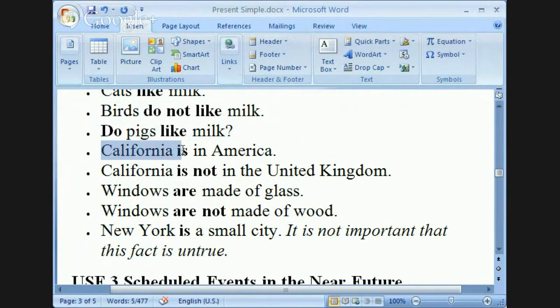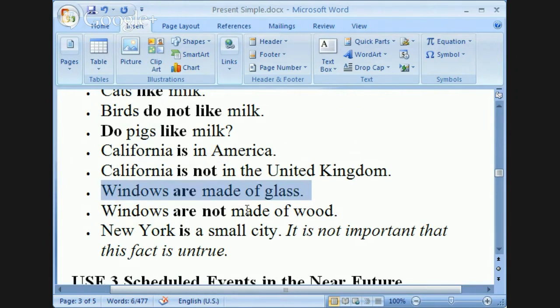The simple verb to be with is and are. California is in America. Okay, California and Arizona are in America. All right, often we see the simple verb to be to talk about facts or generalizations. California isn't, notice contracted form, California isn't in the UK.